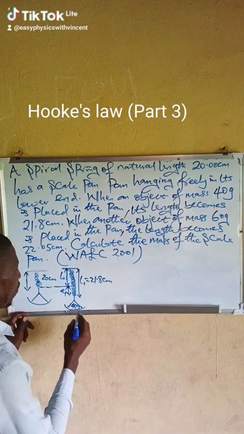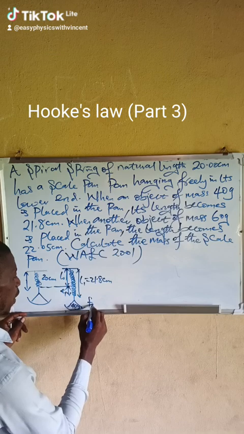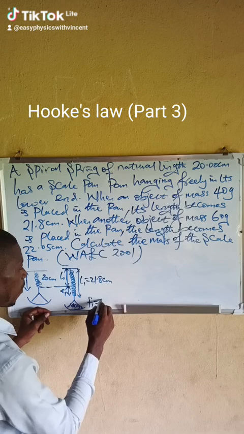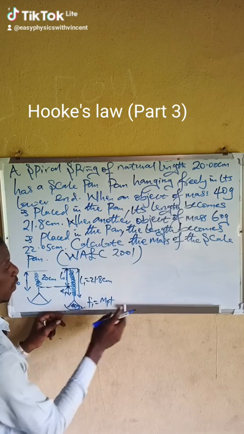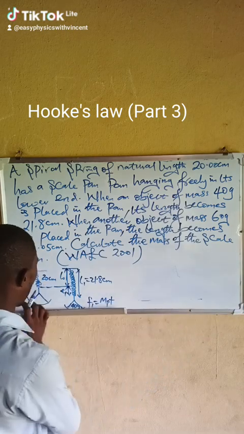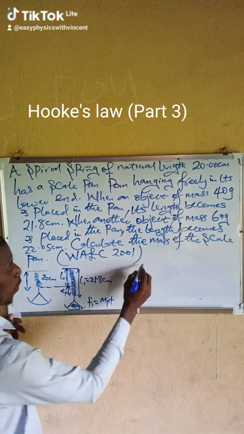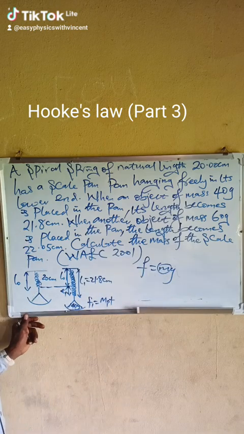Now, our force F1 here is going to be the mass of the scale pan plus this 40 gram. That 40 gram will be converted to kilogram, because for you to use the formula F equal to mg, the mass is already in kilogram.